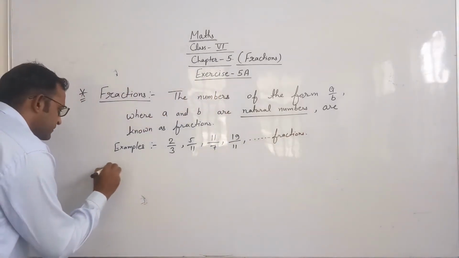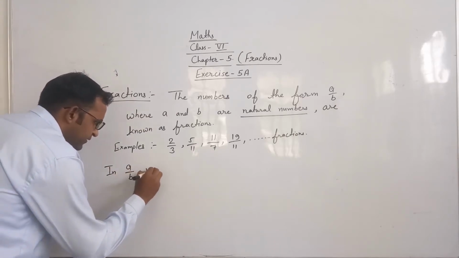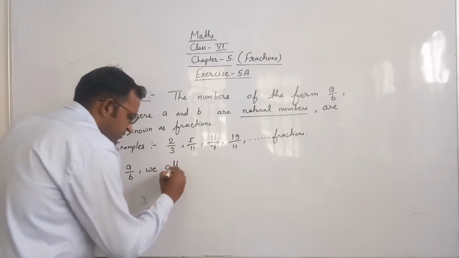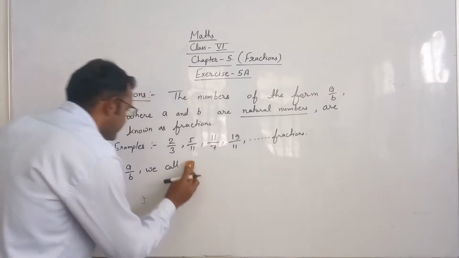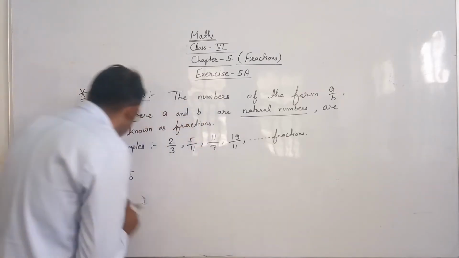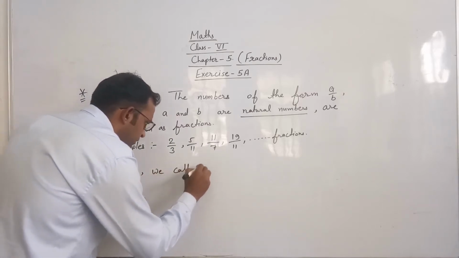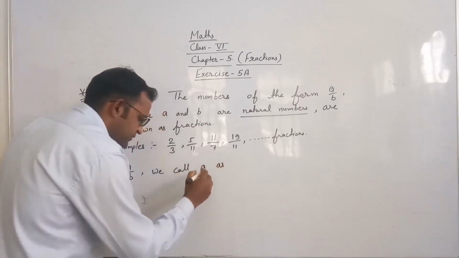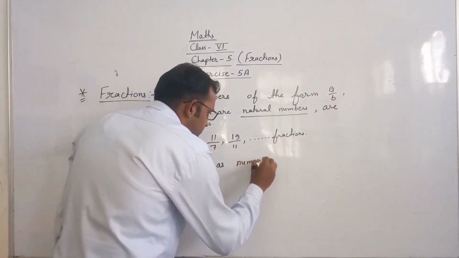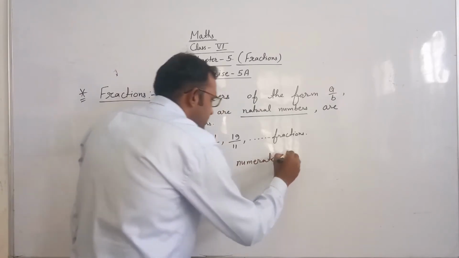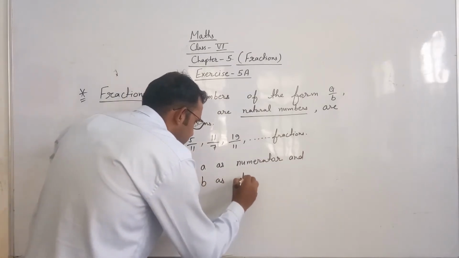And in a upon b, we call a as numerator and b as denominator.